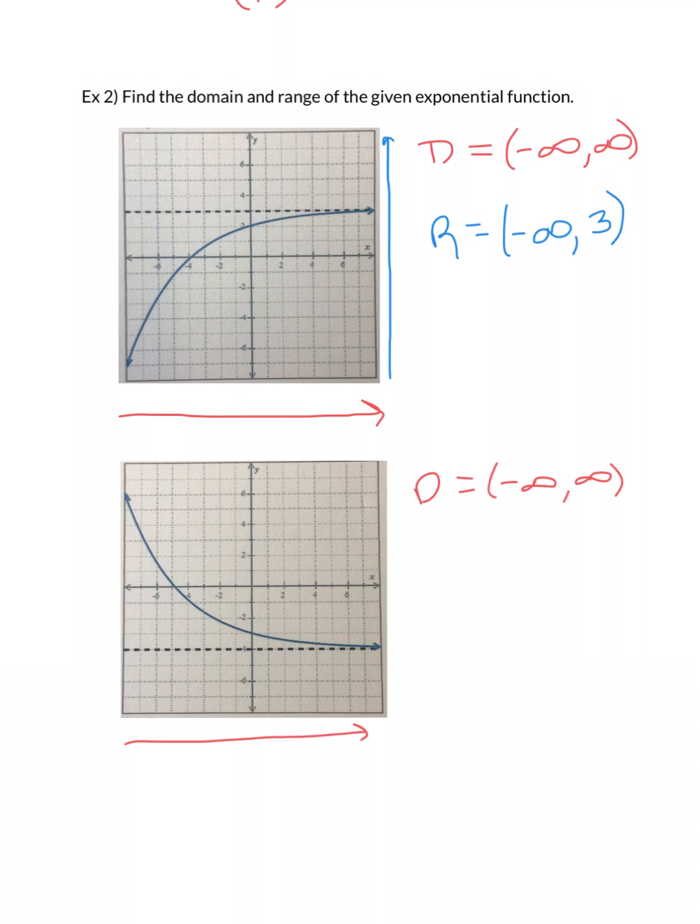For the range, going from the bottom to the top, this one is a little bit different because this graph doesn't start until the asymptote. That asymptote is going through the y value of -4. So it starts at -4, and because it's an asymptote, it's not included, so it gets a parentheses. And then the graph goes upwards forever, so it goes to infinity.